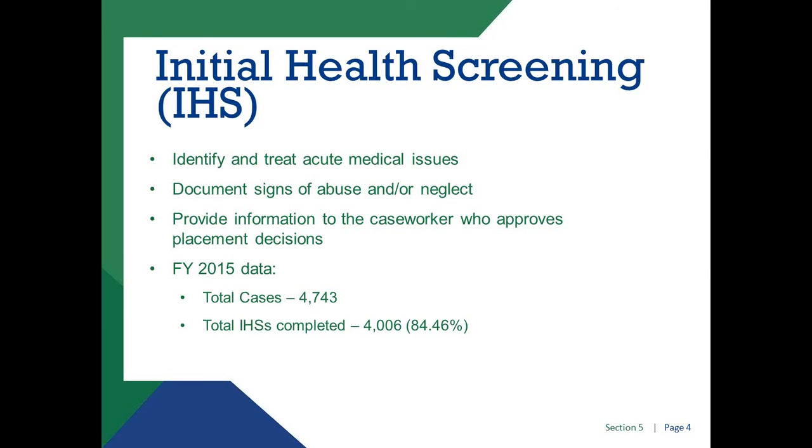We also have to make sure that they connect with the appropriate medical providers that provide these services. So it requires some constant ongoing coordination among all the parties. Certainly child protection will tell us that all of their children get the initial health screening. We have to collect that documentation.